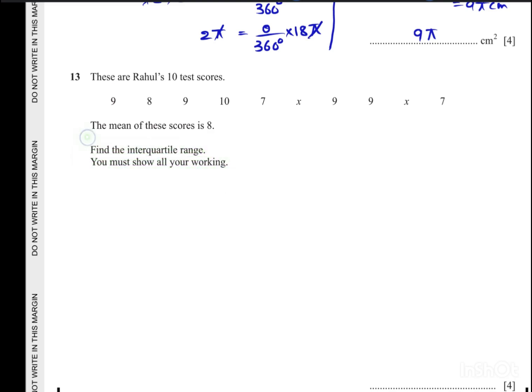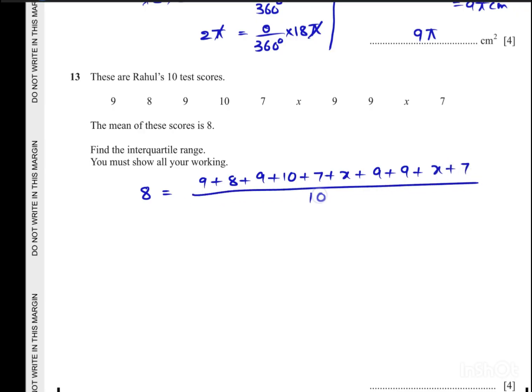When the mean is given, we can find the value of x. Mean is equal to 8, that is equal to 9 plus 8 plus 9 plus 10 plus 7 plus x plus 9 plus 9 plus x plus 7, and all together 10 observations, that means 10 test scores.